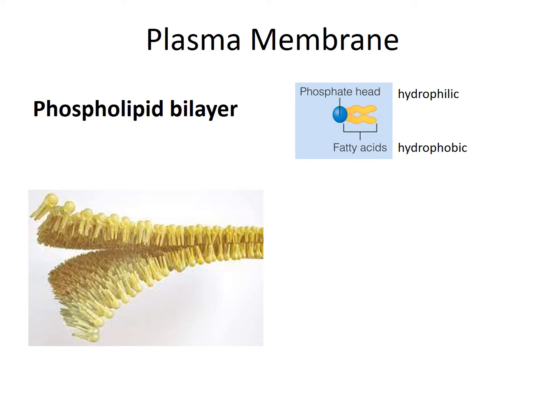Remember that like mixes with like. The phospholipid bilayer is arranged where the hydrophobic tails of these phospholipids associate with one another because they're trying to escape the aqueous solution that they are swimming in.